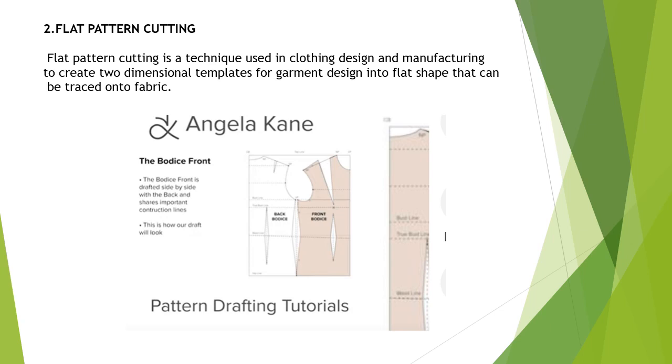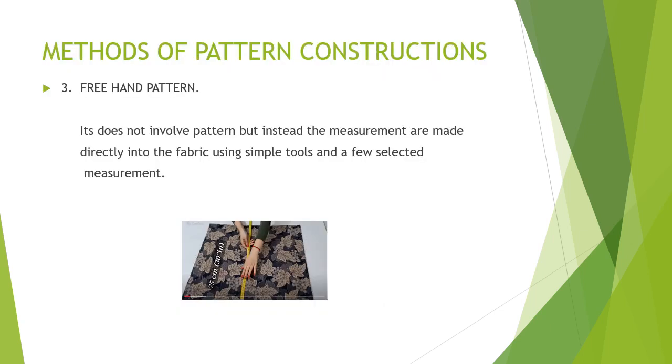So we are going to look at the third method of pattern drafting, which is freehand pattern drafting. What do you understand by the word freehand pattern drafting? In this process you don't require any patterns to cut your fabric. So you just go directly to the fabric and design on the fabric and cut the fabric to the required design that you need.